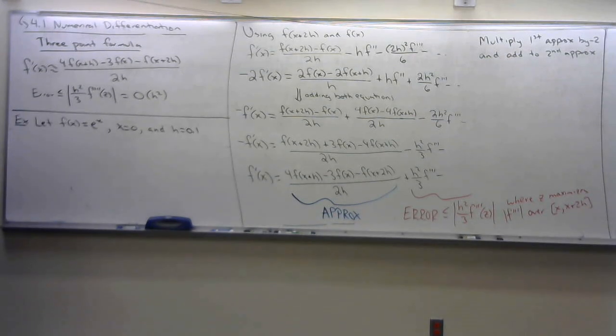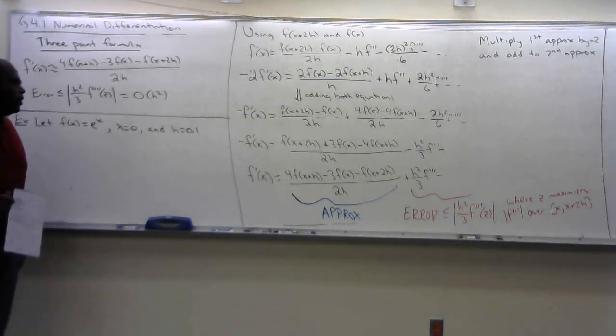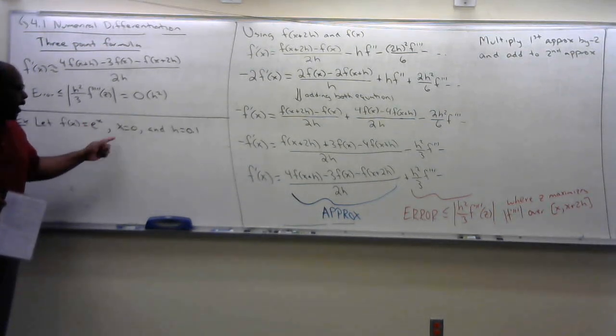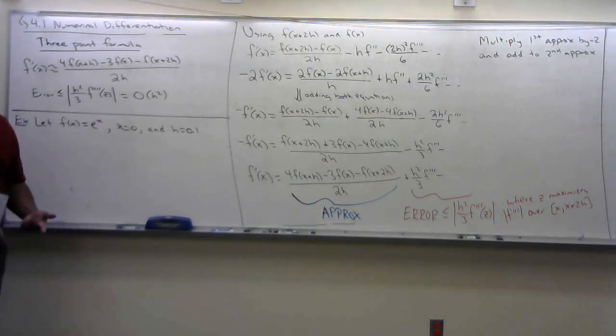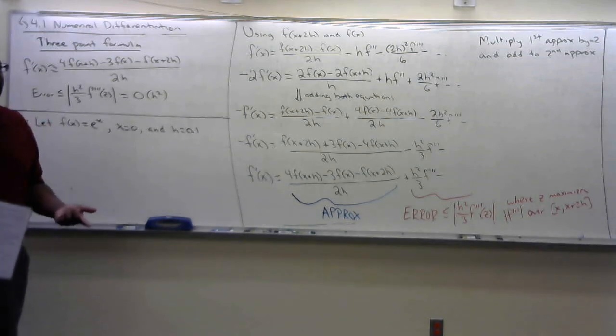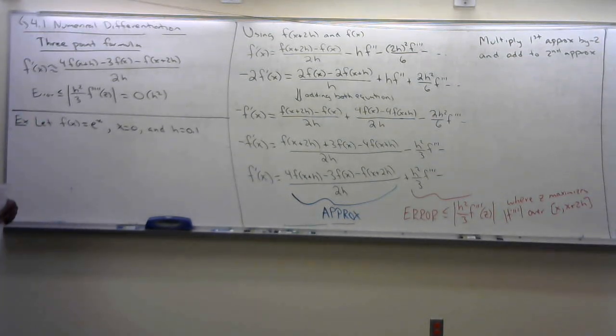Now notice that if you just came from the previous video on numerical differentiation, we used exactly the same function, x value and h, when we looked at the forward difference, then the forward difference with x and x plus 2h, and then the midpoint. So I'm comparing the 3-point formula to those formulas from the last lecture.